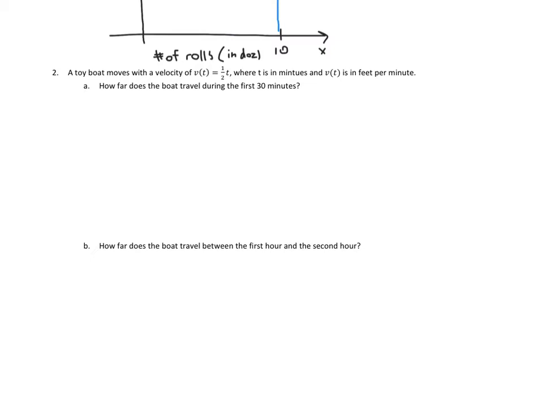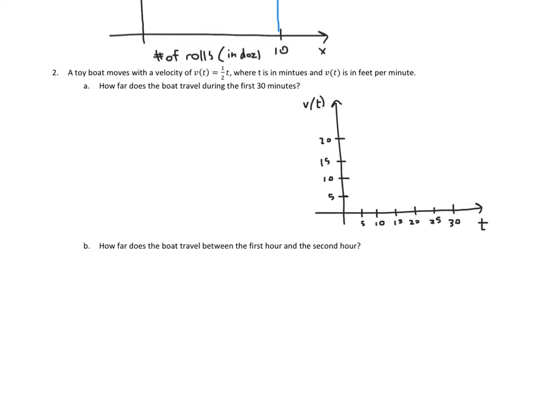If we graph this velocity function, then we can answer this question by finding the area under the graph of the derivative function. So let's graph the velocity function. Here our variable is t, along the x-axis, and our output is v of t, which goes along the y-axis.